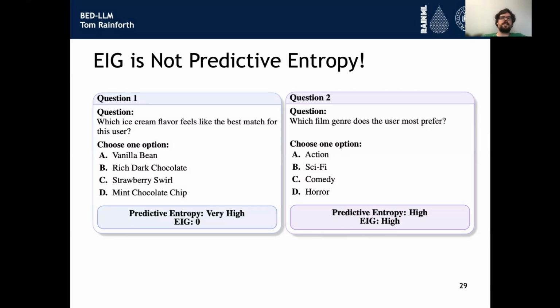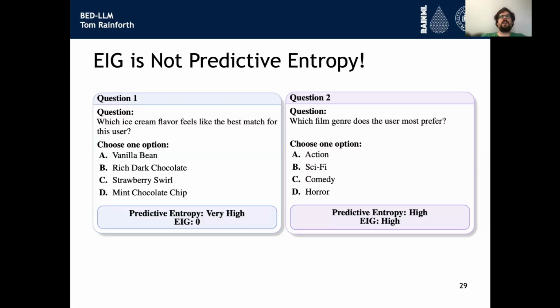It's obviously a terrible question because it doesn't inform us at all about the thing we're learning about. So it's important to have this notion of learnability, and any assumptions we make on the likelihood, such as a deterministic likelihood, can really undermine our ability to get rid of these ambiguous or irrelevant questions.